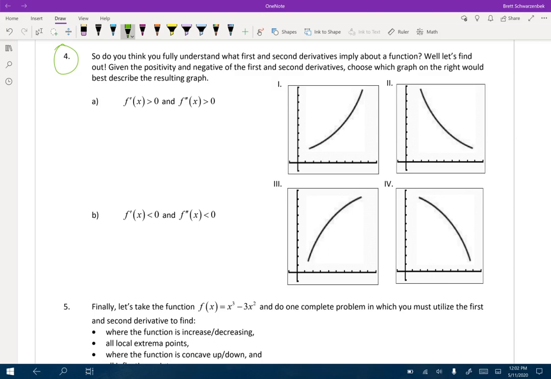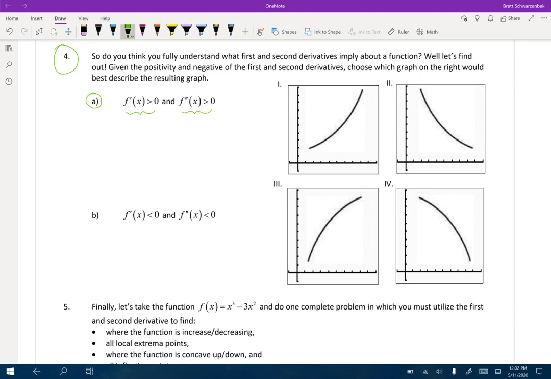Okay. So, do you understand? Maybe, maybe not, but this is going to tell you for sure. So for letter A, it's stating that one of these graphs has a derivative which is positive, and a second derivative which is also positive. So the question is, which graph is it?